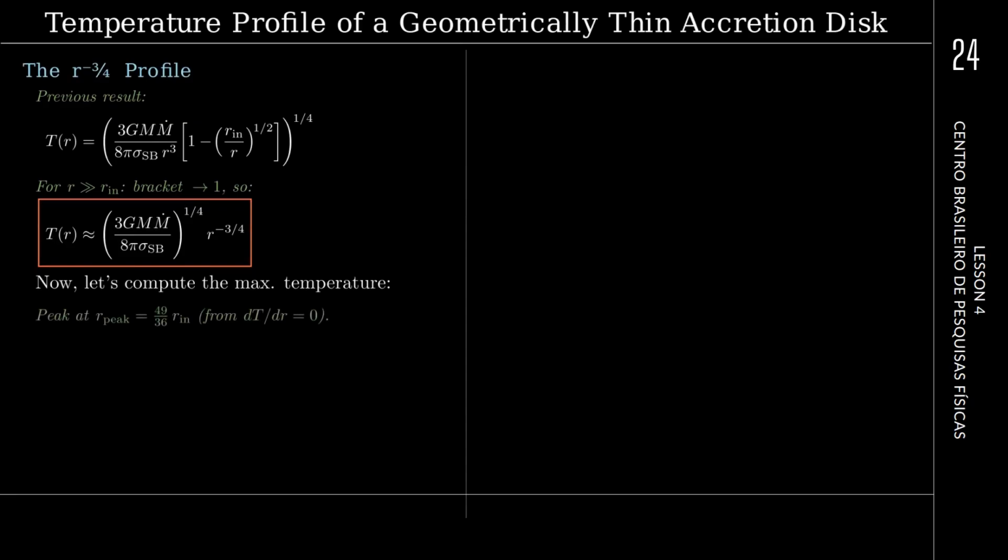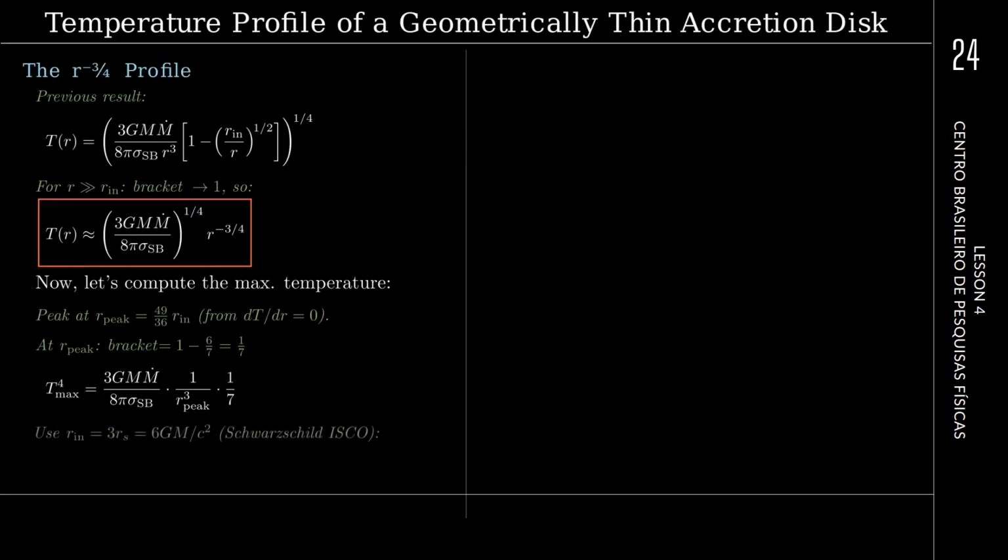So we found that the peak is in this position, 49/36 R_s. At the peak, this bracket here will become 1/7. If you substitute, you find this formula for T. You can substitute R peak in terms of the Schwarzschild radii.